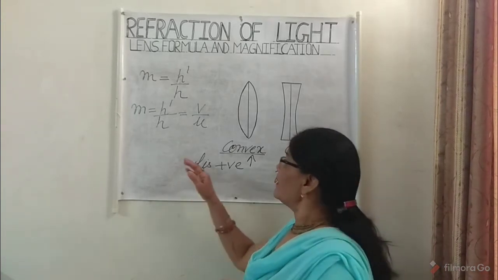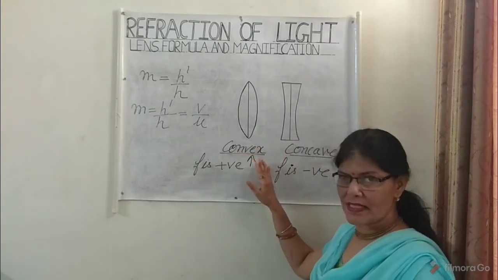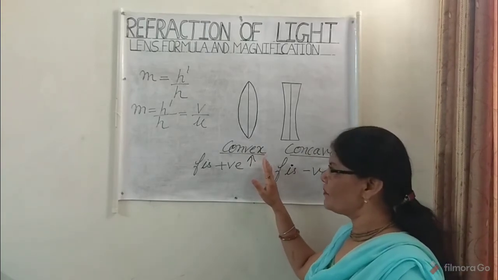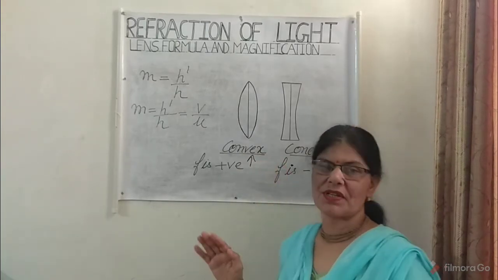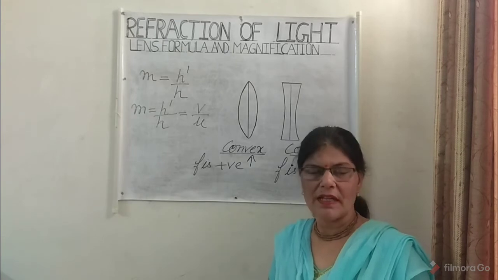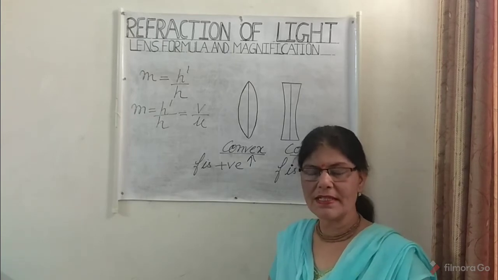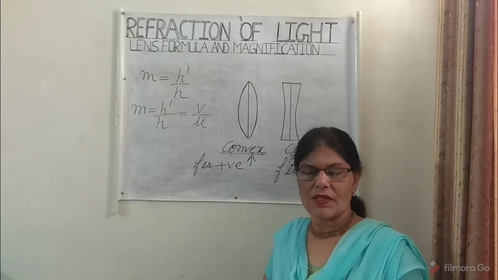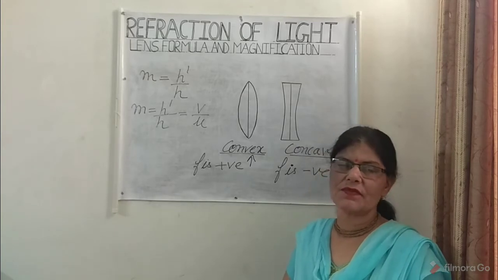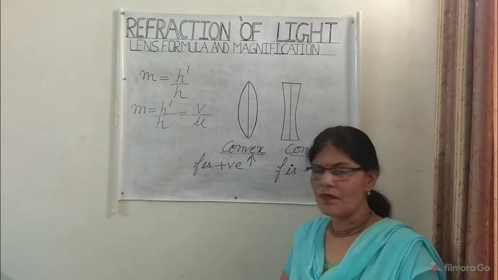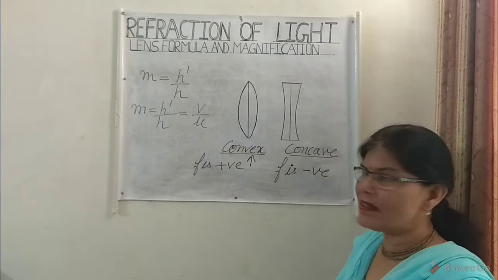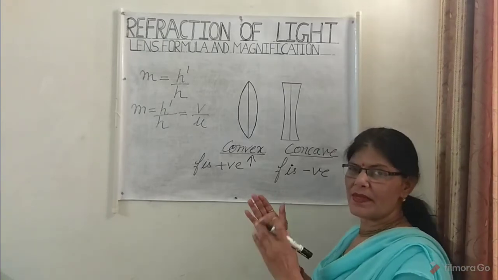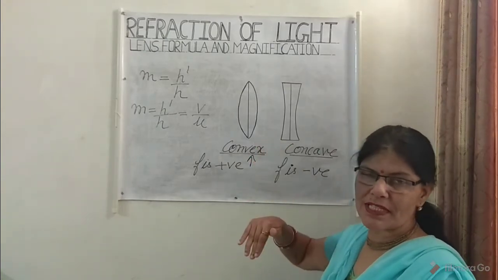So here, if we consider a convex lens, our image formation is real and inverted in all the 5 cases except for the last case. For the last case, our image is virtual and erect. When the image is real and inverted, inverted means the image is formed below the principal axis.